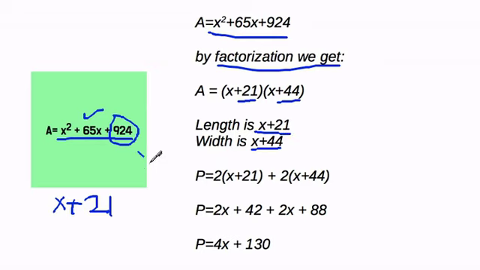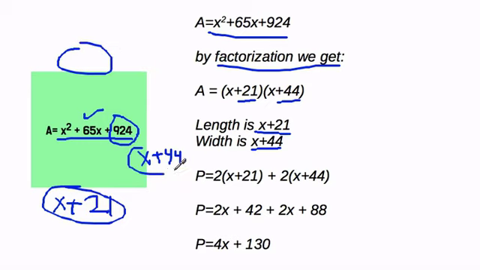And the width is going to be, for example, this other guy, x plus 44. And you know that this thing is going to be also over here. And this side is going to be also over here. So that means that you got two of them. You got to multiply this x plus 21 times 2 and this x plus 44 times 2 as well.